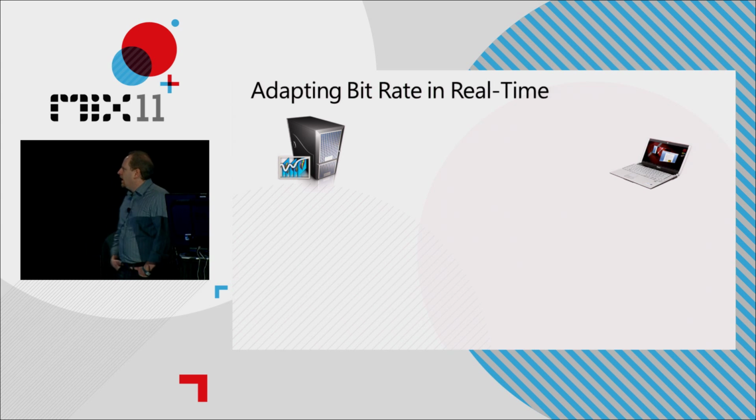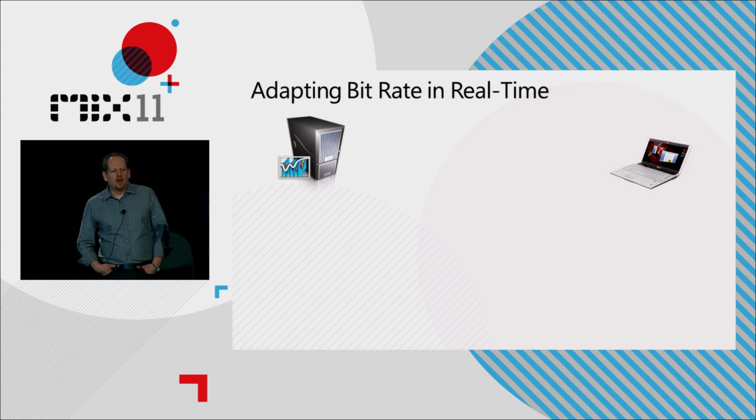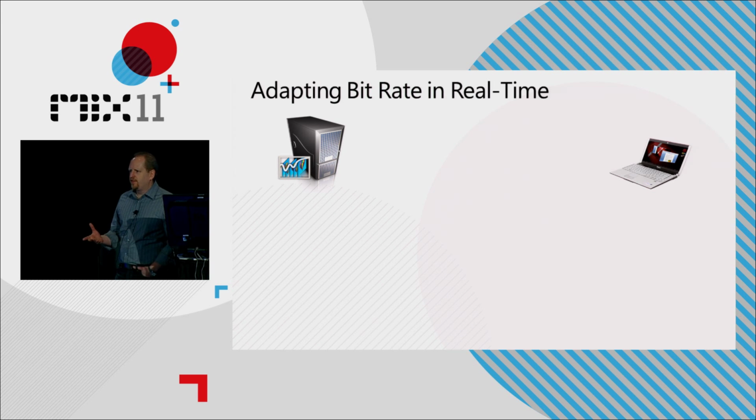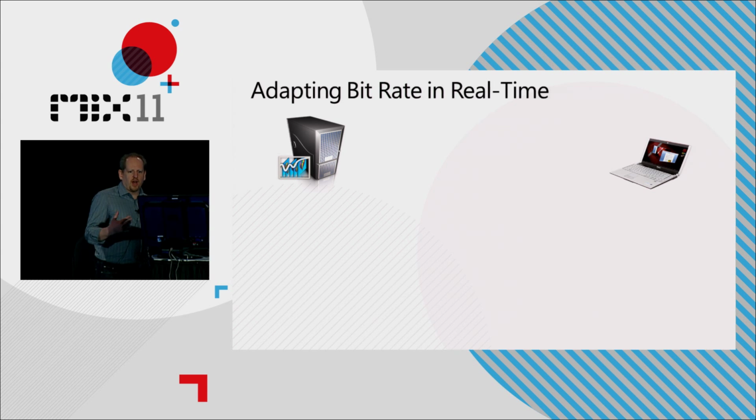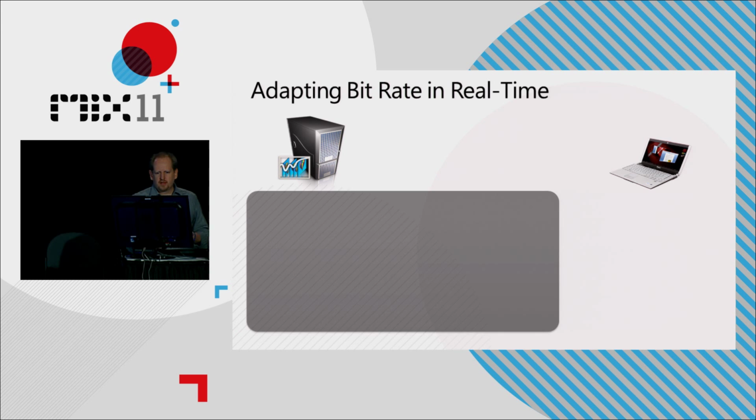So smooth streaming is our implementation of an HTTP adaptive streaming protocol. What it enables us to do is to take a video feed, encode that feed at multiple different bit rates, chunk the video into 2-second blocks, and then deliver those over HTTP. So as the video comes down, the player running on the client is making decisions every 2 seconds about which bit rate it wants to look at.